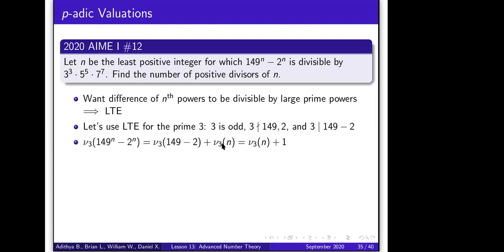Let's throw it straight into the formula. So the V3 of 149 to the n minus 2 to the n, we can lift the n out. That's V3 of 149 minus 2 plus V3 of n. Now you can just calculate that the V3 of 147 is 1. So that's V3 of n plus 1.